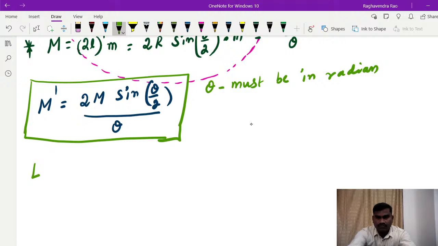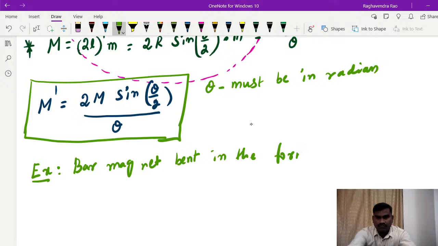So for example, a bar magnet is bent in the form of a semicircular shape.